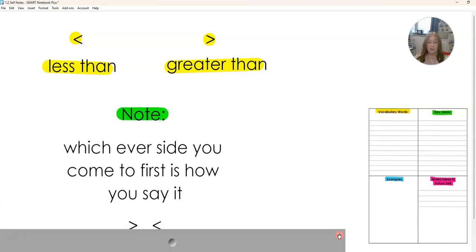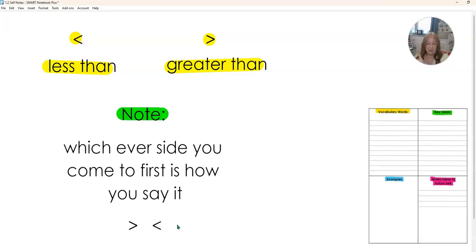And I want you to make yourself a note here. You can put this in your own words. You say it how you read it. So whichever one you come to first, oh, this one, I came to the bigger side. So this is a greater than symbol. This number should be greater than this number on this side. If I'm reading this, here's a number. Oh, I come to a less than. This number is less than this one.